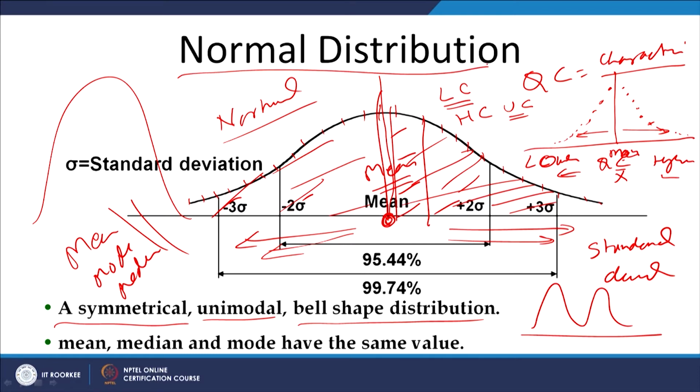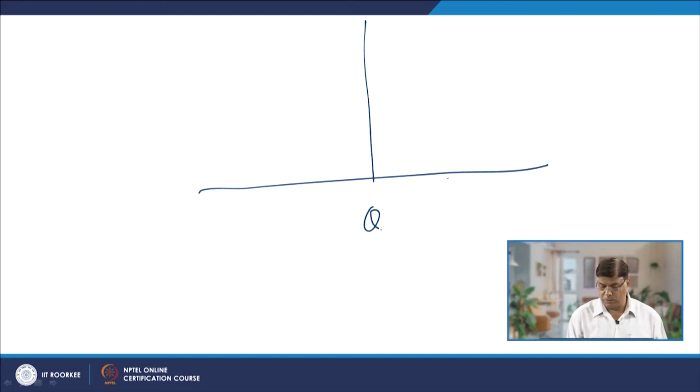So, it is always desired that if we have the quality characteristic on the x axis and the frequency on the y axis, how many data points are falling, then when it is plotted, most of the values are very close to the average.